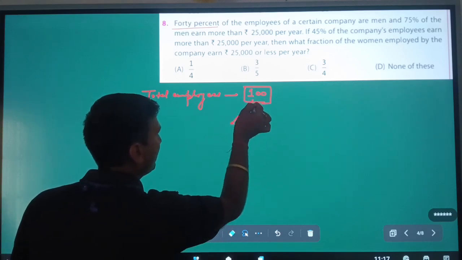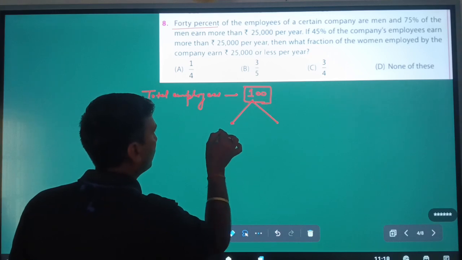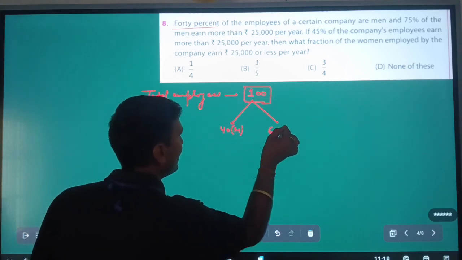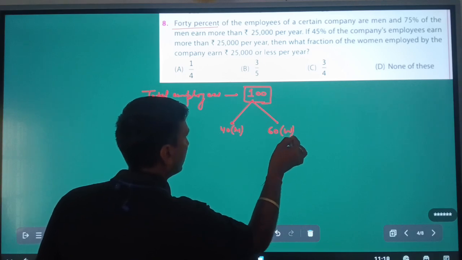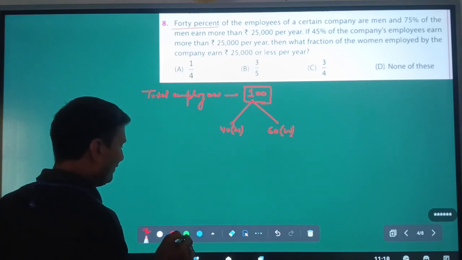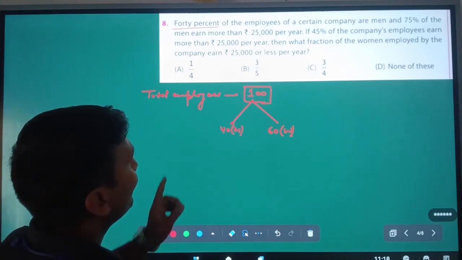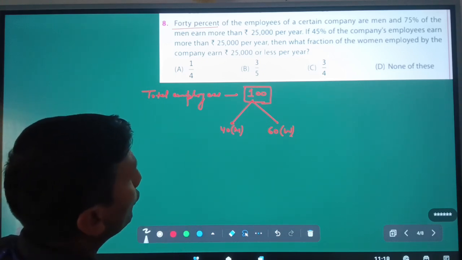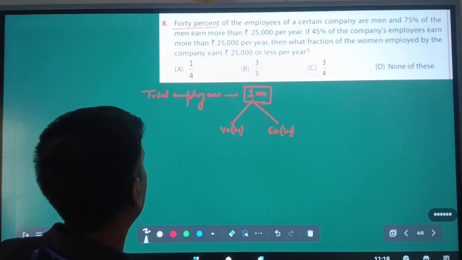So the first division is, out of 100, 40 are men. Obviously 60 will be women. Now what is the second statement? 75% of the men earn more than 25,000 per year.